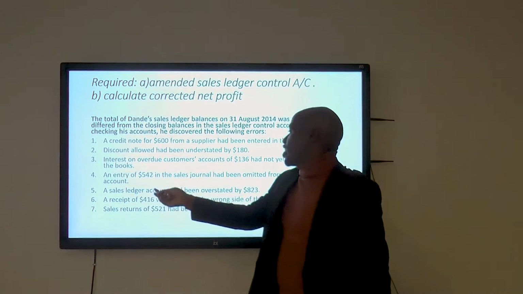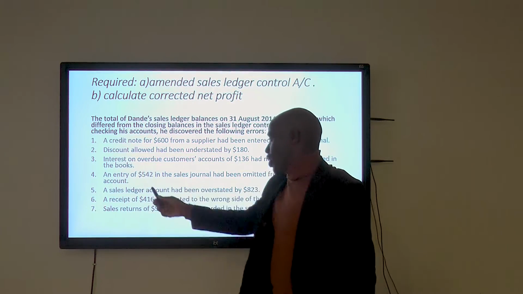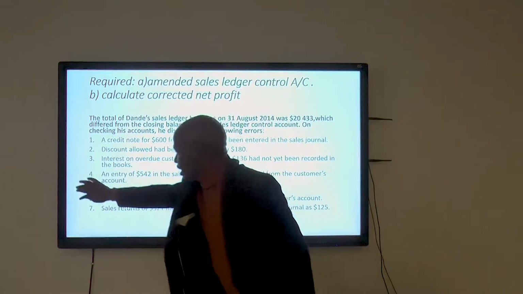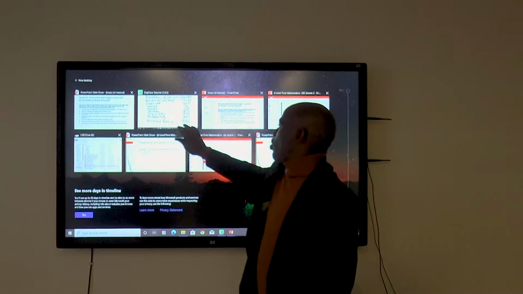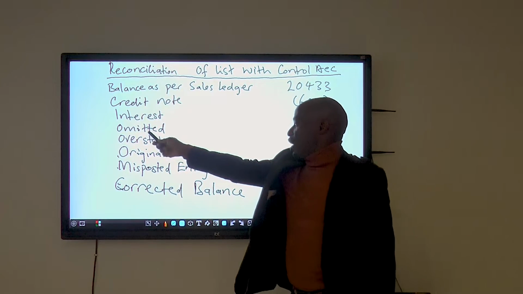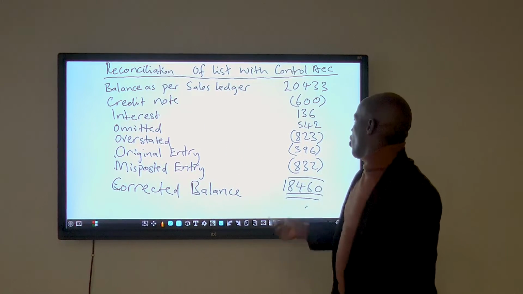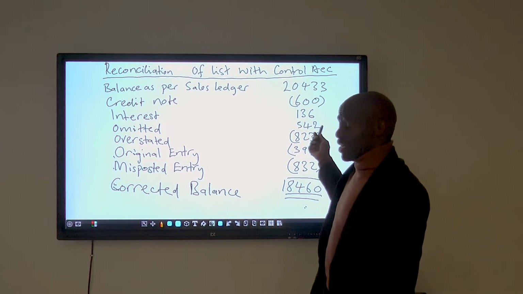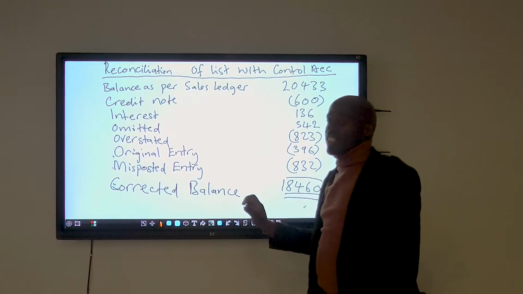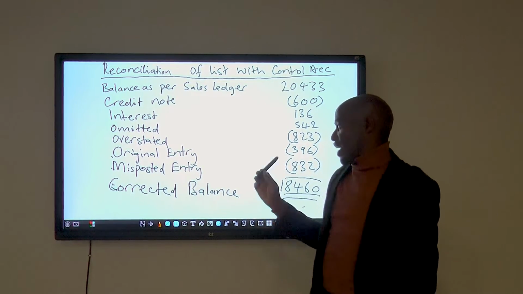Hence, we need to add this 542, which was an omission made in the customer's account. If you look at our solution, there we have an omitted figure of 542, which increases the amount that our debtors owe to us.